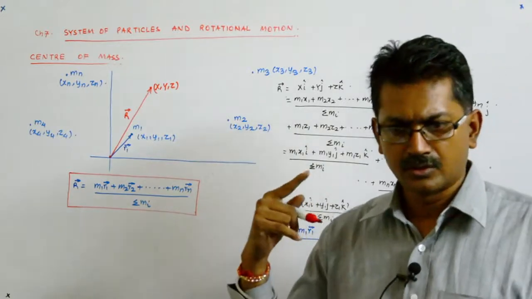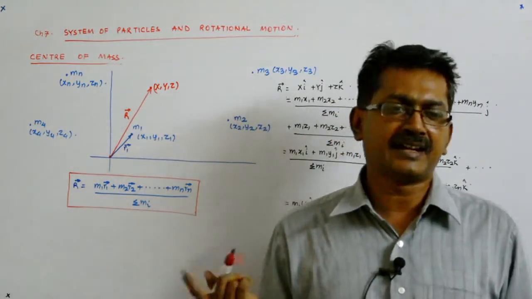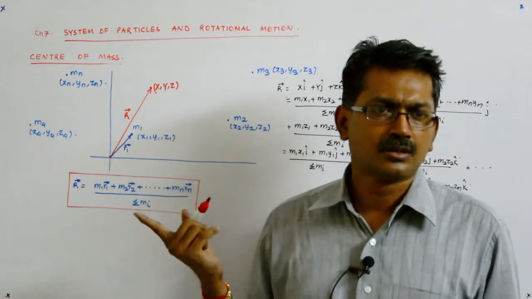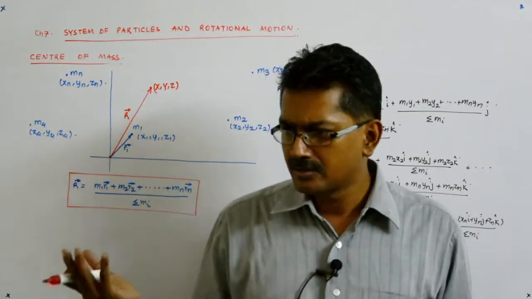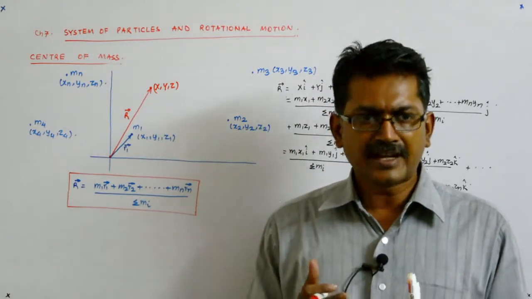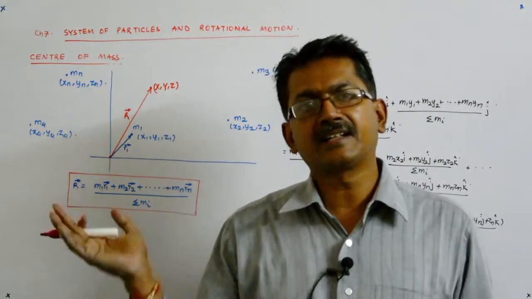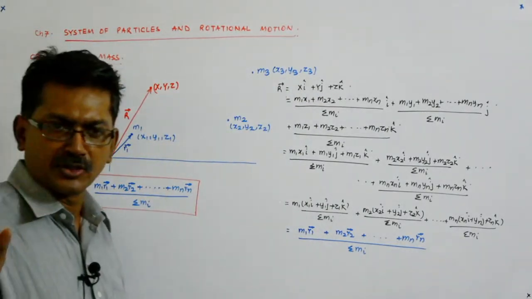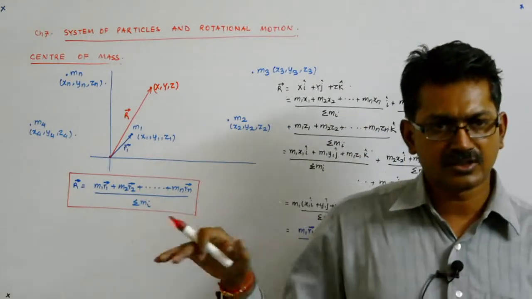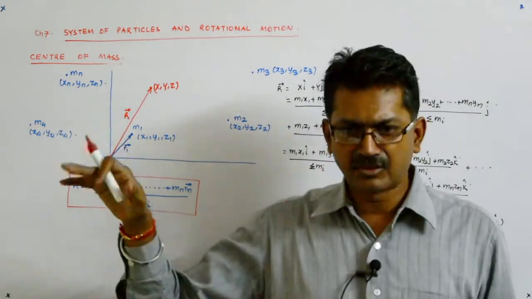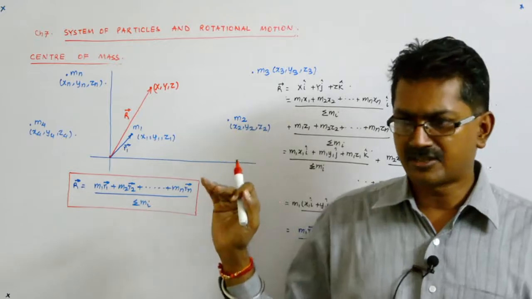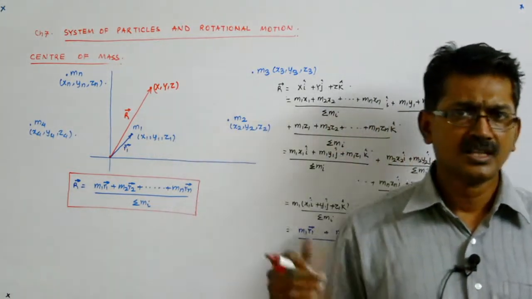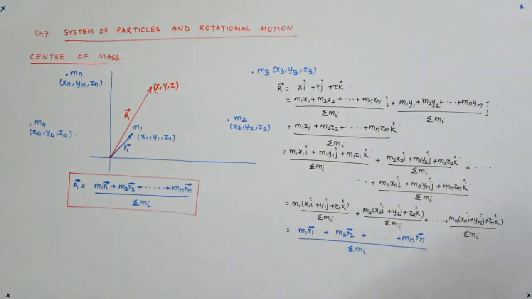It is giving you the value of x and y and z, everything. Why? Because it is after all R, the position vector of the point. So if you try to expand it, you will immediately find that x is equal to m1 x1 plus m2 x2 plus dot dot mn xn upon summation mi, and same with y, same with z. We understand that? This will be helpful in finding out the velocity of the center of mass.